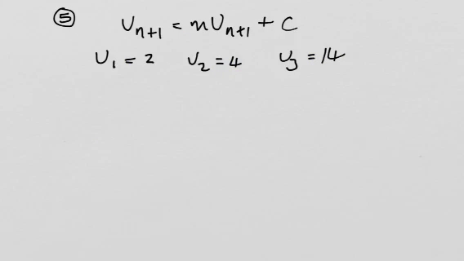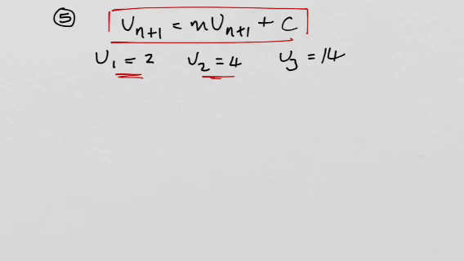Question 5, recurrence relations. Now we're told the standard recurrence relation, and we're told the first 3 values. From that we should be able to work out what the values of m and c are. Well, how are we going to do that?